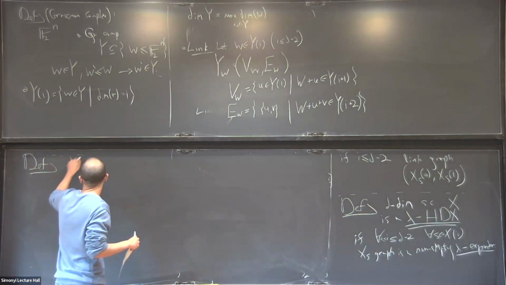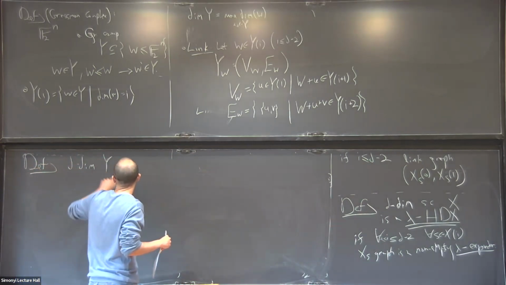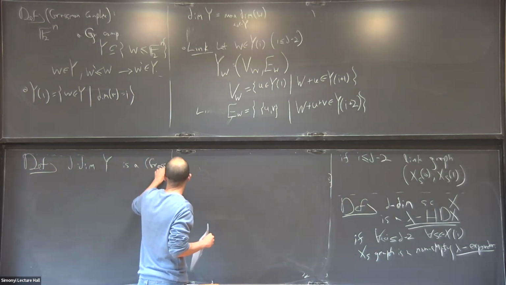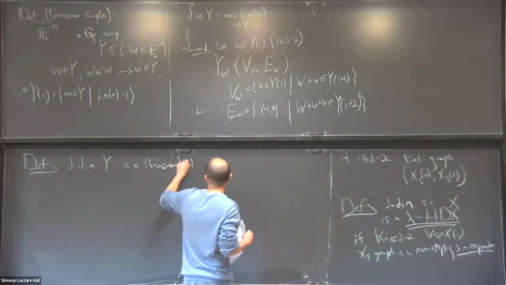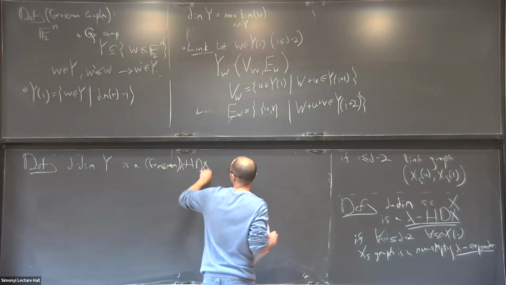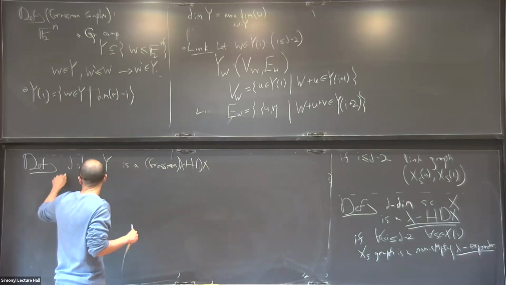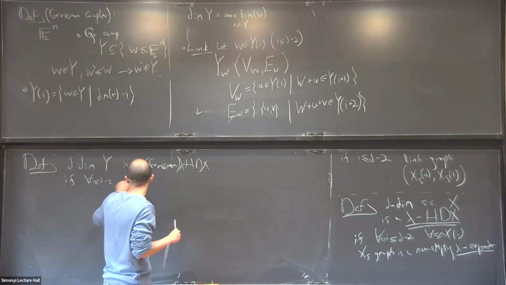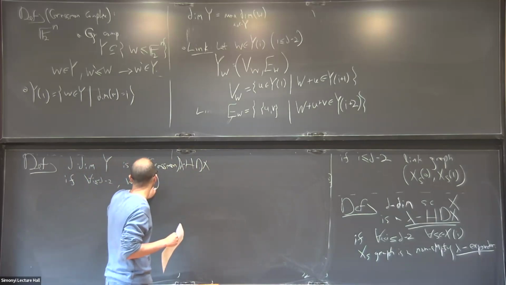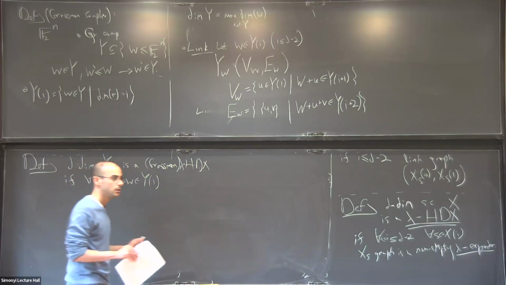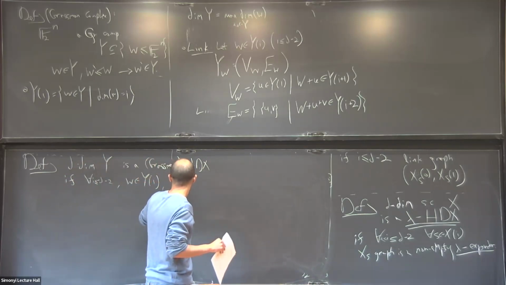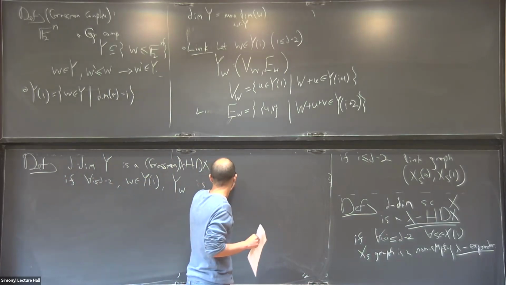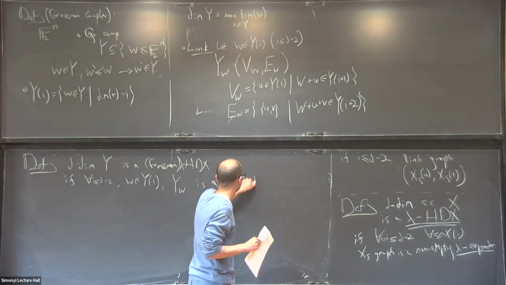Definition: a d-dimensional Y is a Grassmann lambda HDX if for all subspaces of dimension so that I can actually define the link graph, Y_W, the link is a lambda expandable graph.